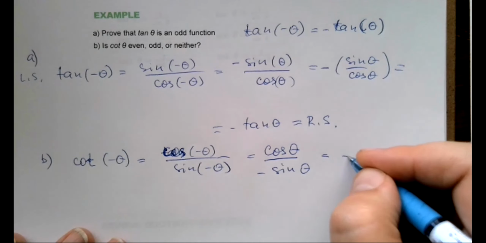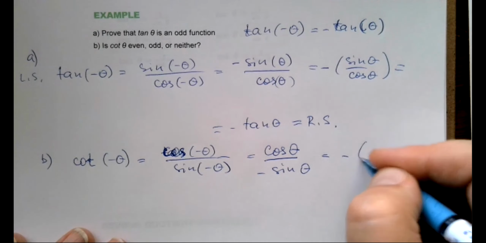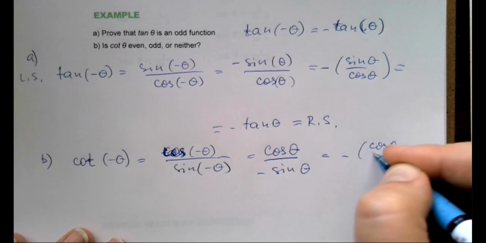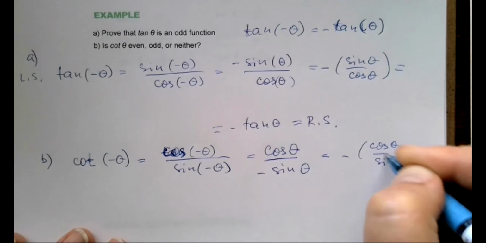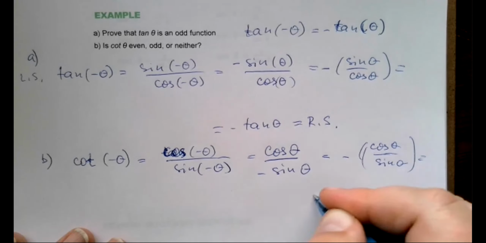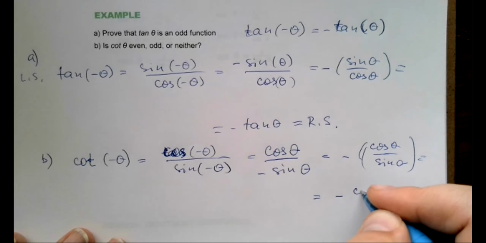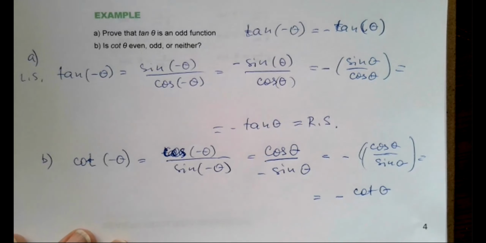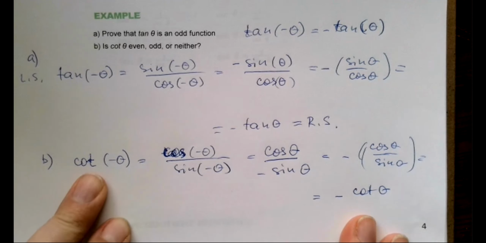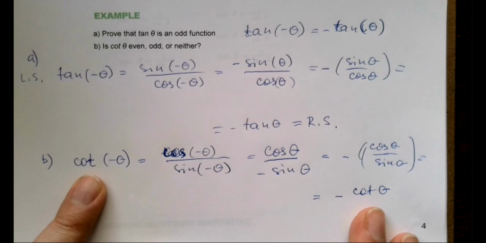So again, we have negative cosine theta over sine theta, and that gives us a negative cotangent theta. So we could see that the cotangent function is an odd function, just like we mentioned before, and we just proved it.